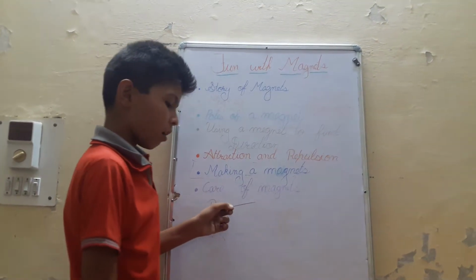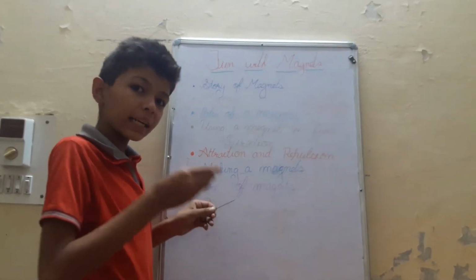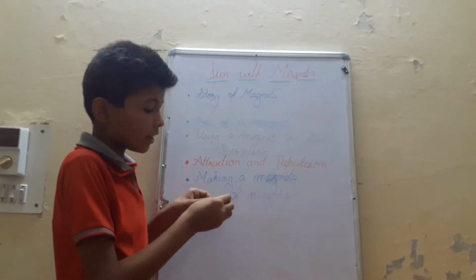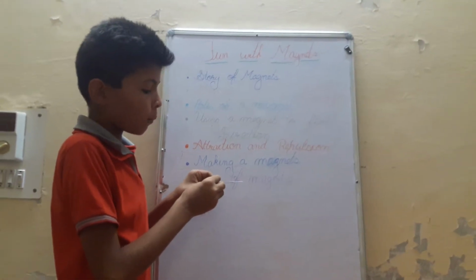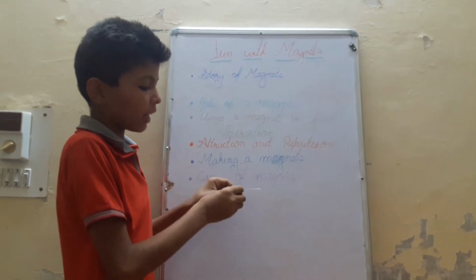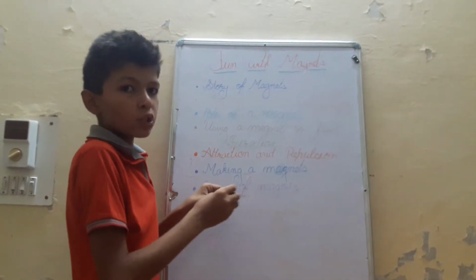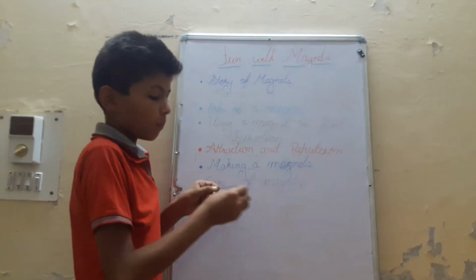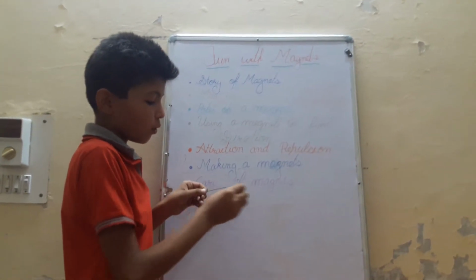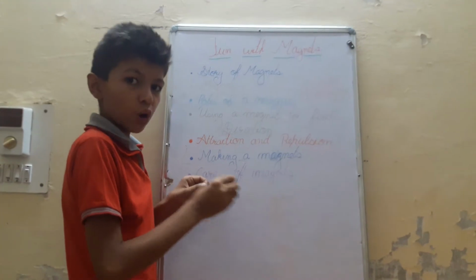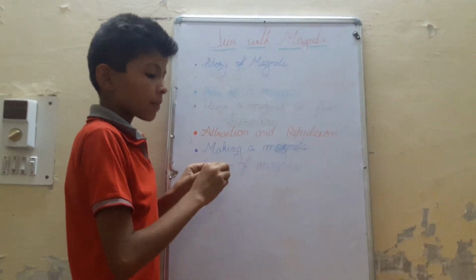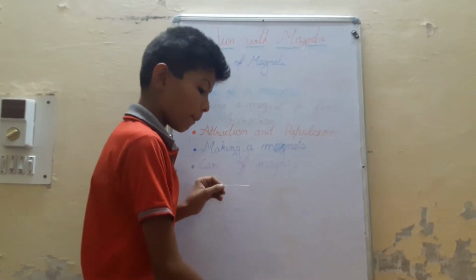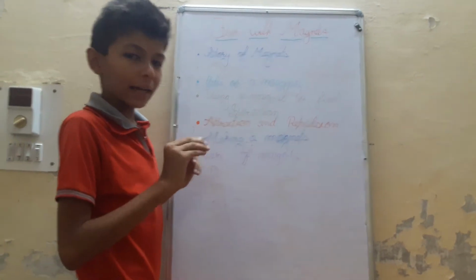Take some material which is attracted by a magnet and rub it from one position to another, then pick up the magnet and start rubbing again. The more you rub, the stronger the magnet will become. This is a method for making a permanent magnet.